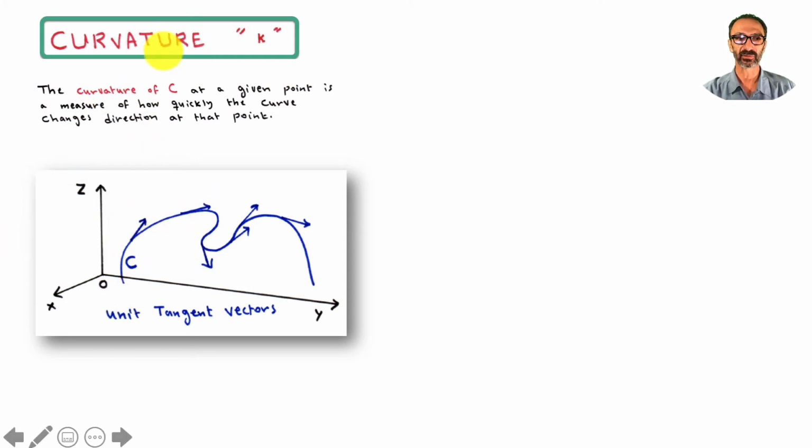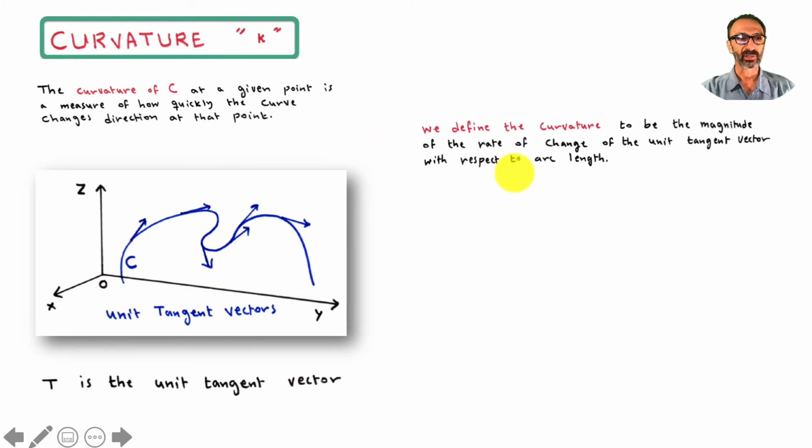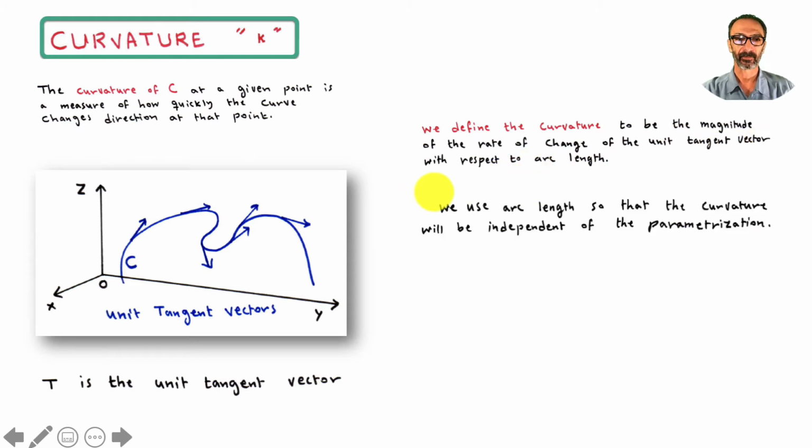That's the curvature concept. Now, we define the curvature to be the magnitude of the rate of change of the unit tangent vector with respect to arc length. We use arc length so that the curvature will be independent of the parameterization, t or s.